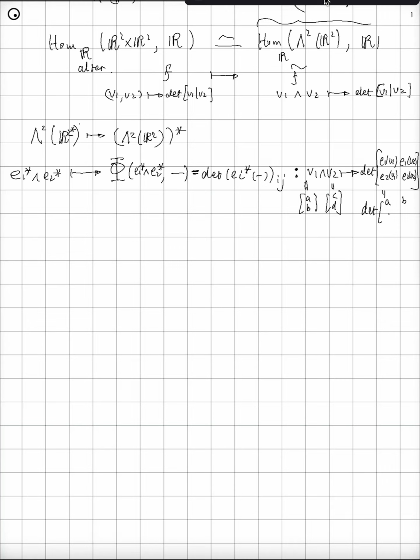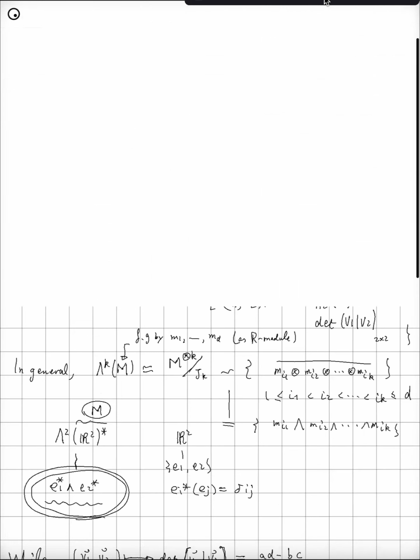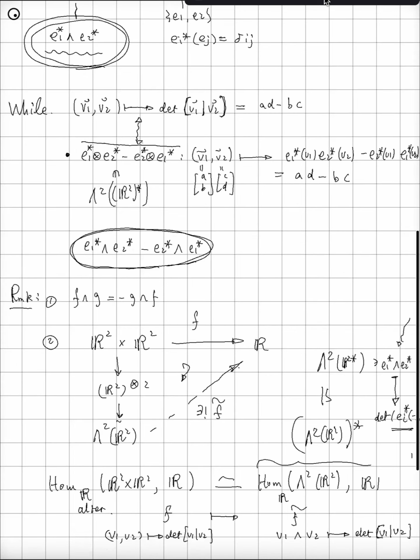Let me just keep this, so it doesn't matter. E1 V1, E1 V2, AB. So E2 V1, E2 V2. Still gives you AD minus BC, which corresponds to this description. So I would say this description actually comes from applying that pairing, that isomorphism between the exterior of dual and dual exterior.